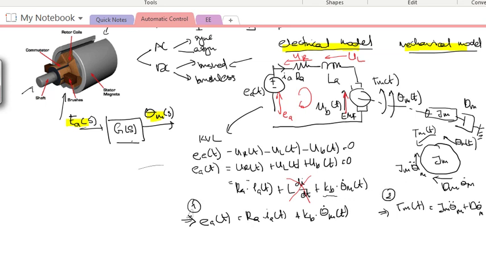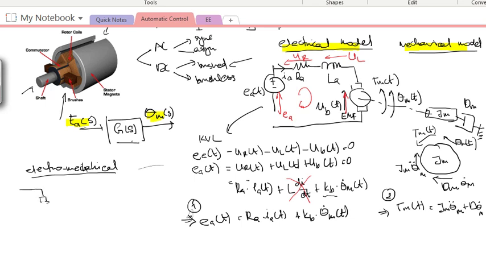There is basically another equation that comes from what we call the electromechanical behavior. This is an equation that relates the current and the torque.